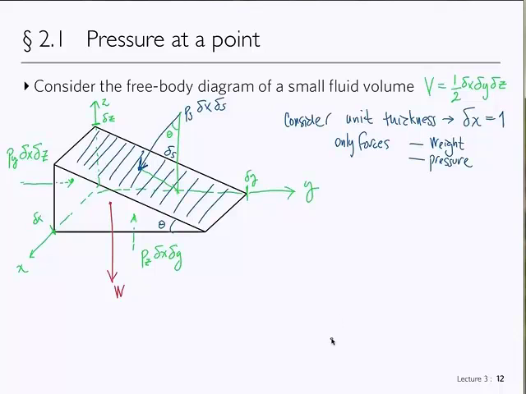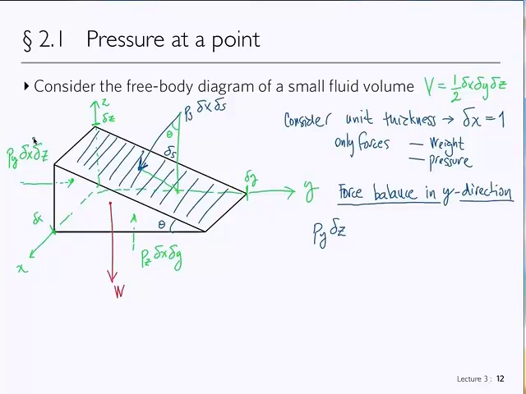And so the forces in the X direction, in this case, do not balance the weight. Only the forces in the Y direction balance the weight. And so we're going to do force balance in the Y direction. So Py delta x, delta z.